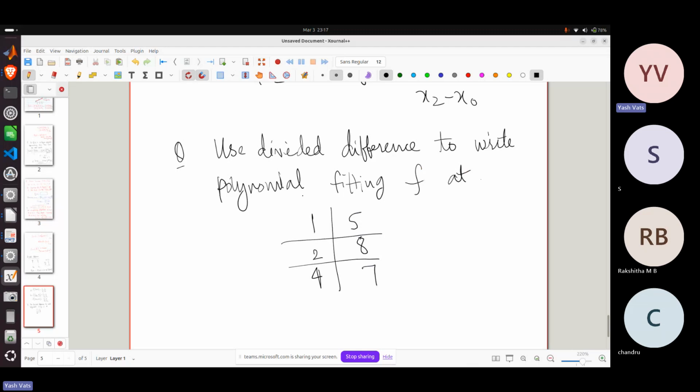Just try to find this, which is x and f(x). Just try this using this method, of course, and I will check.